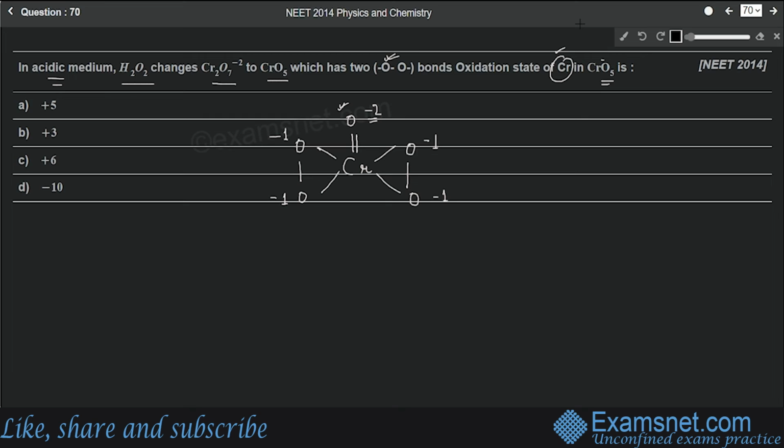Suppose the oxidation state of chromium is X. So X -1, -1, -1, -1 and -2 will be equal to 0. So X -6 equals 0, and from here X is equal to +6. That means the oxidation state of chromium in CrO5 will be +6. So option C will be the correct answer.